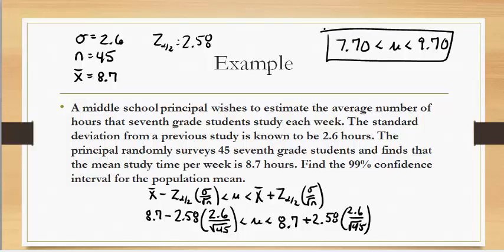So again, remember what you're doing, that you are using the mean of the sample to make a prediction about the population. So this is your average for the 45 students. We've now expanded that to estimate the average for all students, not just the 45.